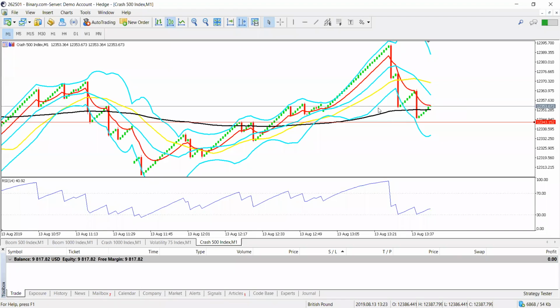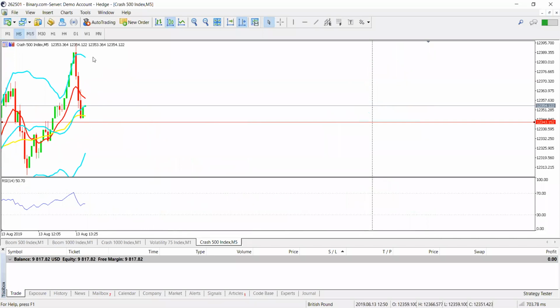You can actually make money holding the trades as well by using the moving average 35. Moving average 35 is better utilized on a 5 minutes or 15-minute time frame.